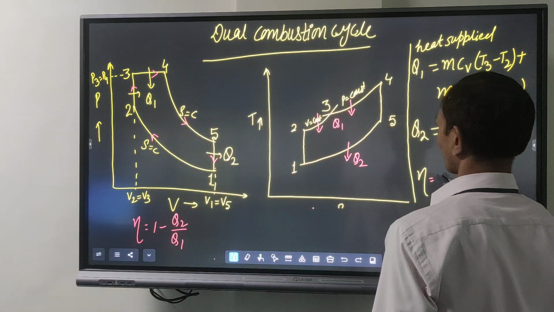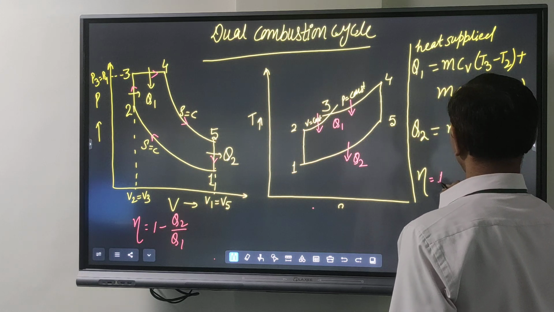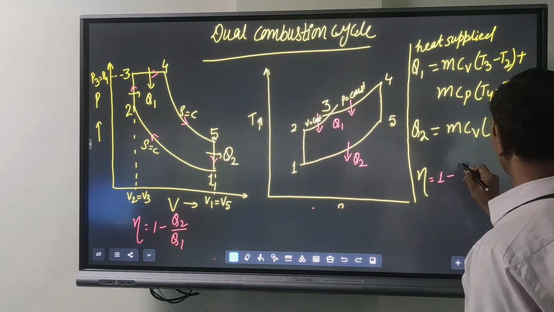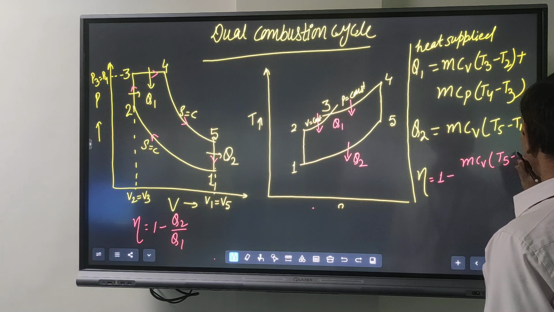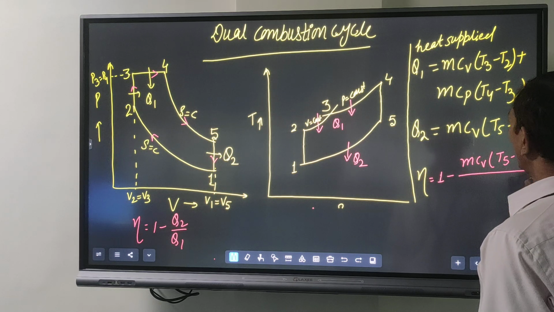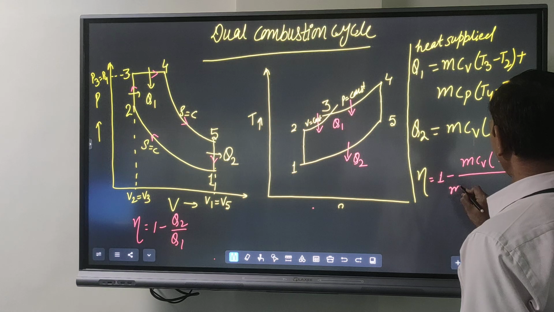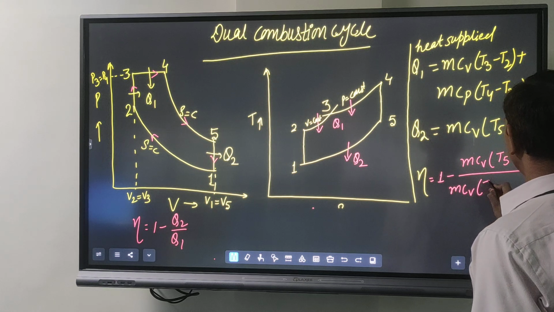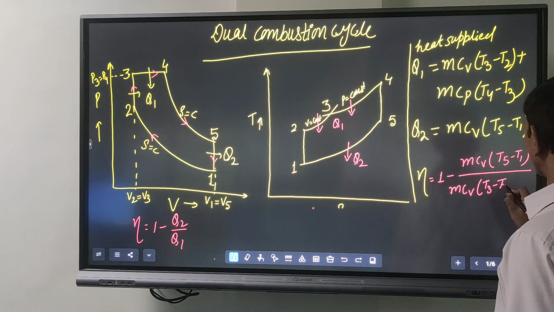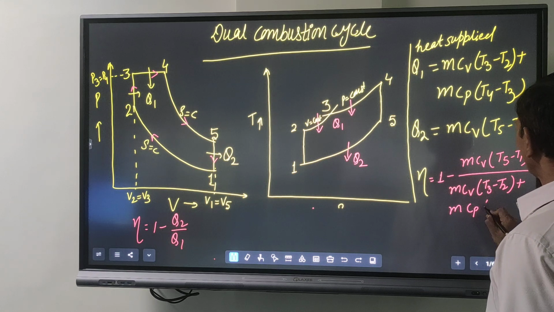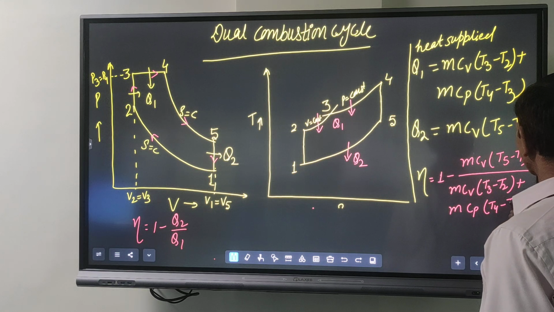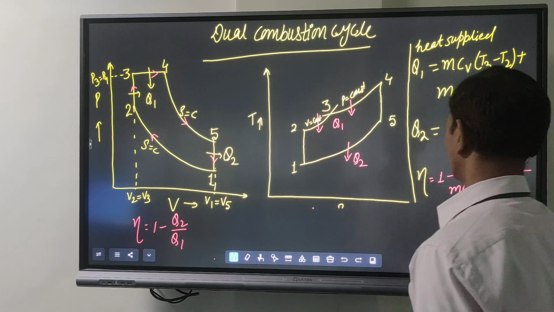is equal to 1 minus Q2. It means m Cv (T5 minus T1) by m Cv (T3 minus T2) plus m Cp (T4 minus T3).